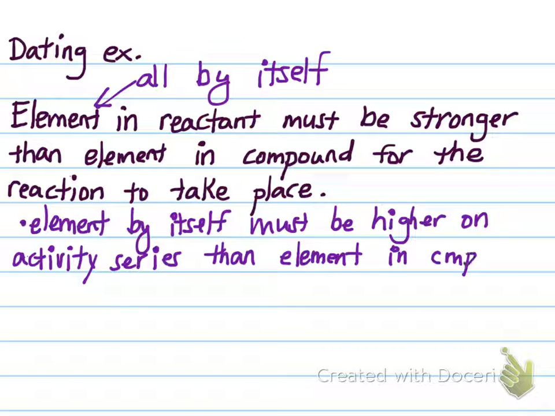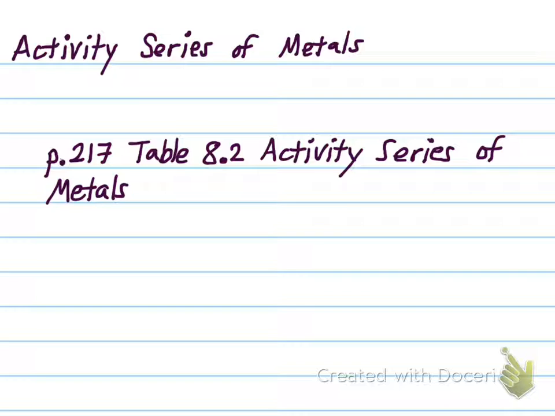So the one all by itself has to be stronger than the one that's like it in the compound. Again, how are you going to know? You're going to use the activity series of metals, okay, which is page 217, table 8.2 in your textbook.